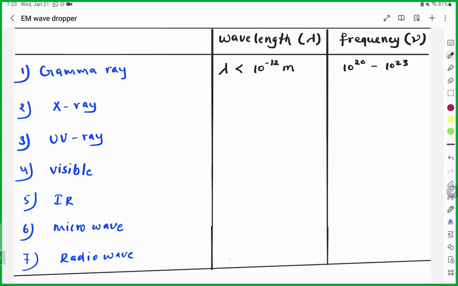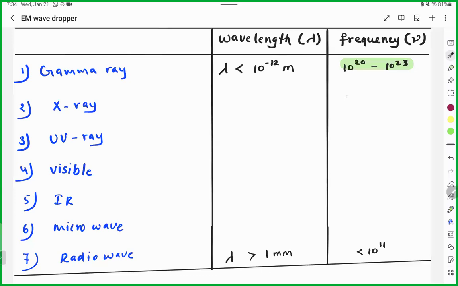At the other end, wavelength will be more than 1 millimeter, and frequency will be very low, around 10 raised to power 11. More or less you can take a difference of 3 and then compare. For example, the first one was 10 raised to power 20 to 23.